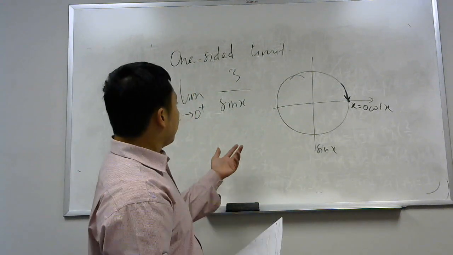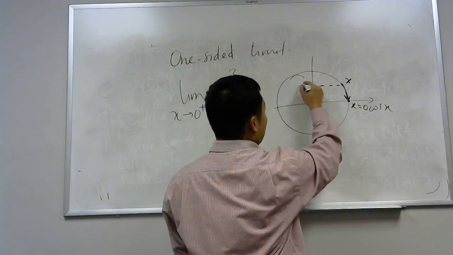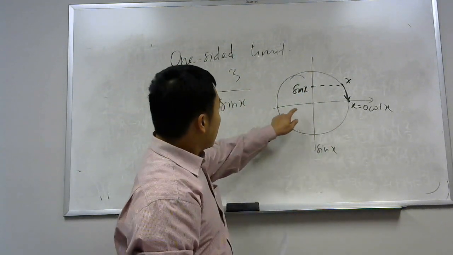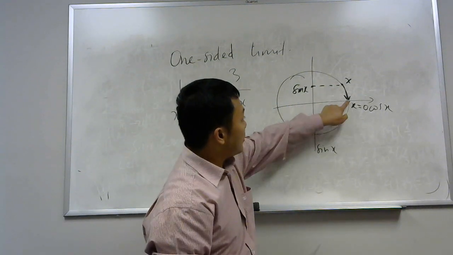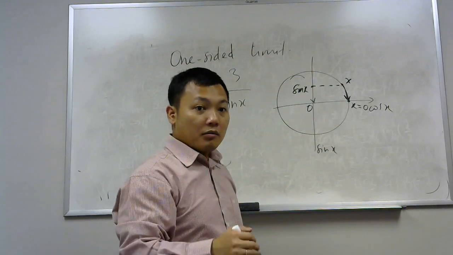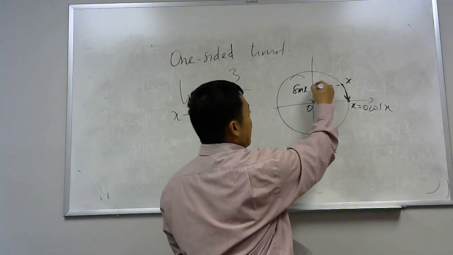So what happened? If this is x, right? So this is sine x, right? So when x goes to 0, sine x just goes to 0, right? But x approaches 0 from the right, sine x also approaches 0.